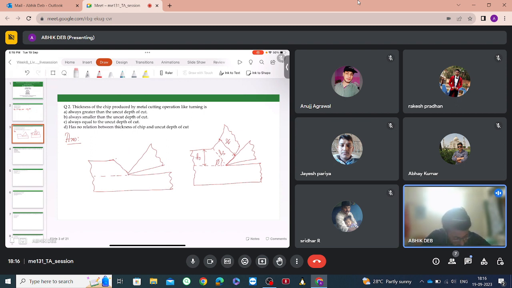Instead, the cut happens, if you observe it as a layer of stacks, then you will find that the shearing takes place like this. In minute layers you will find this.